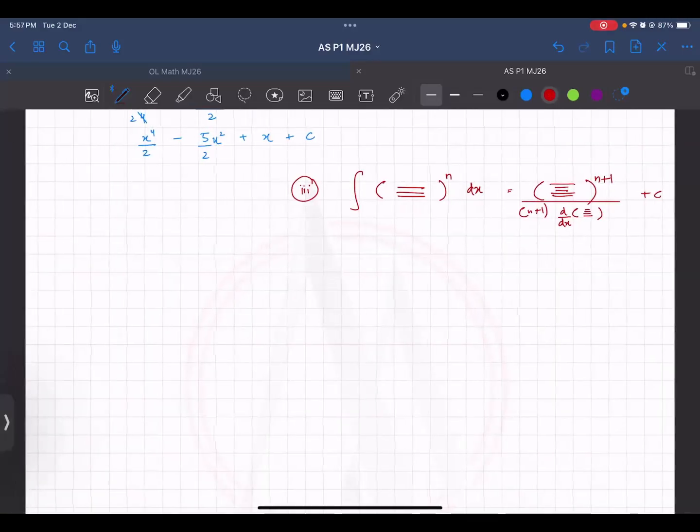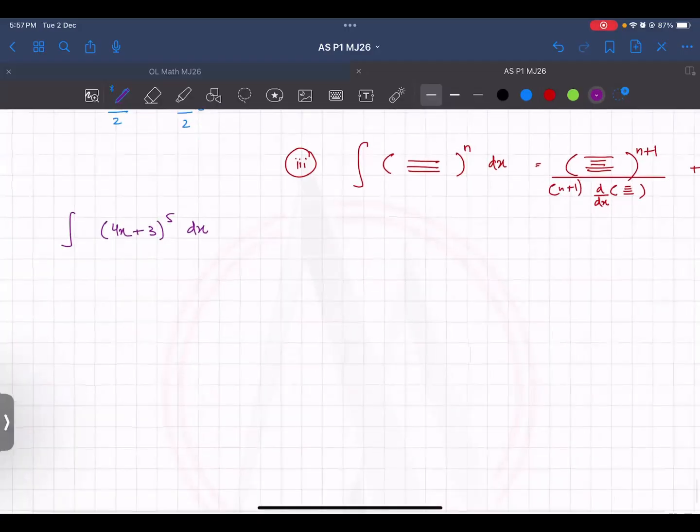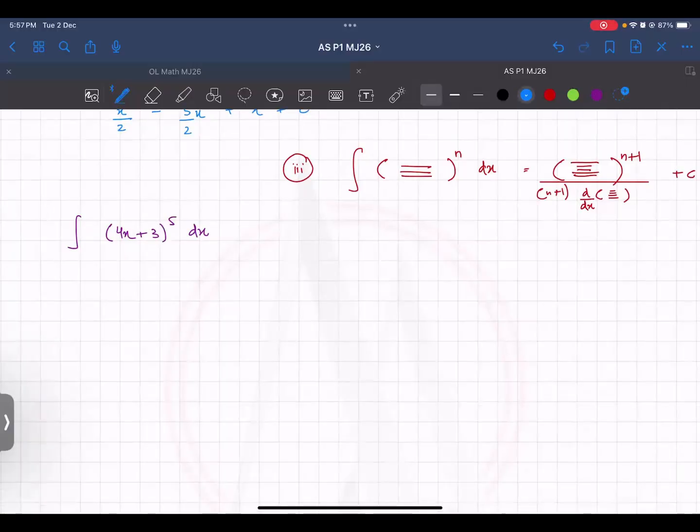Now, for example, you have the integral of (4x plus 3) to the power 5. So look at the formula which I've written down, and I'm just going to follow the steps from the formula. No changes to the bracket whatsoever. 4x plus 3 doesn't change. And the power of the bracket increases by 1. So 5 becomes 6, divided by the new power 6.